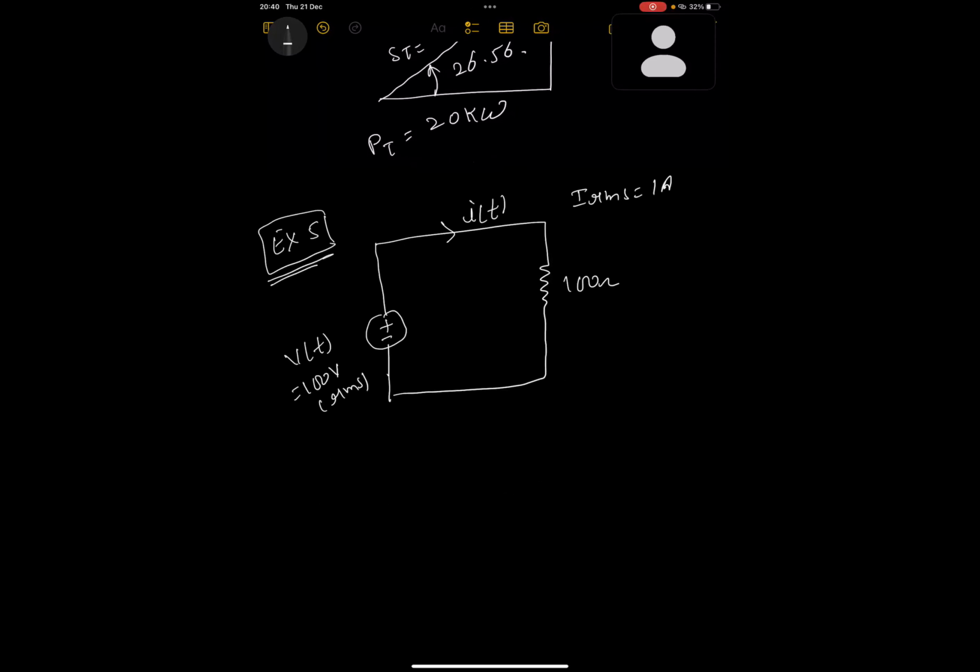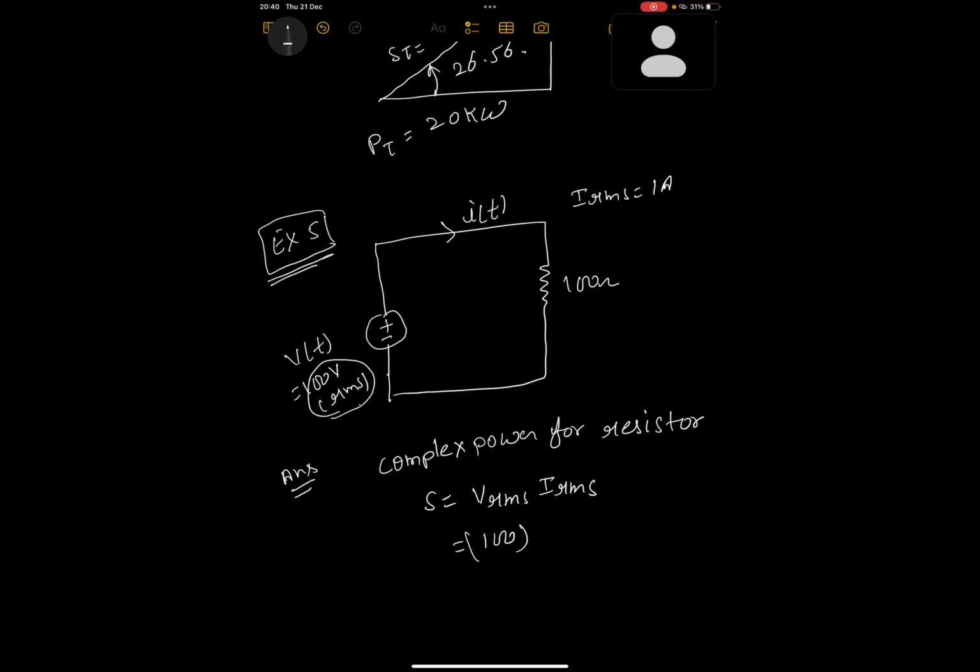Okay, complex power. As you know, complex power for a resistance or resistor, S equal to VRMS times IRMS. VRMS value is 100 volt, this one is given. IRMS is also given, 1 ampere.